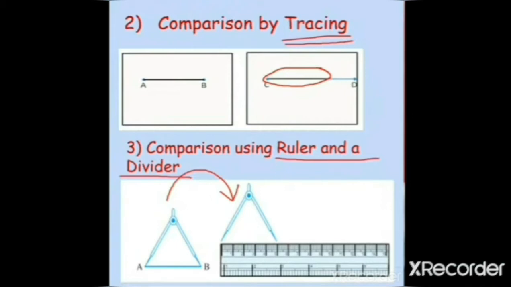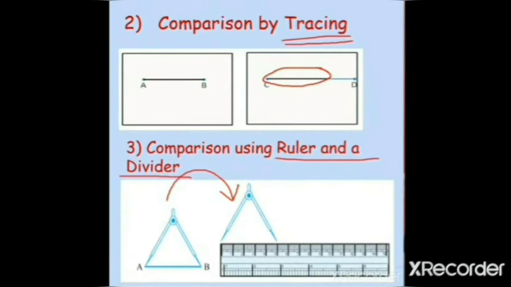Ensure that one end point is at 0 mark of the ruler and now read the mark against the other end point. You will get the measurement of the line segment. Here we learnt about the 3 ways of comparison of line segment.